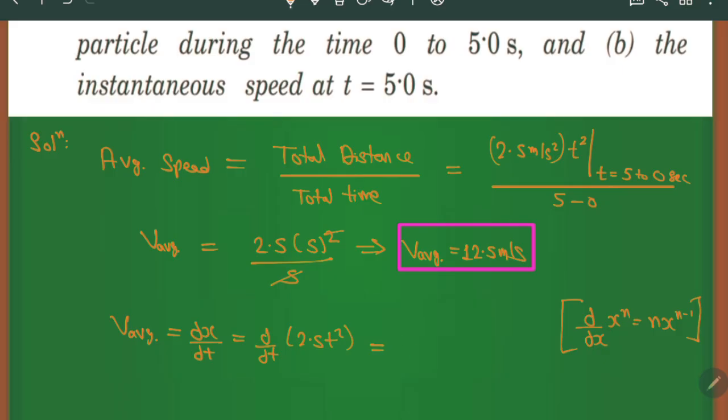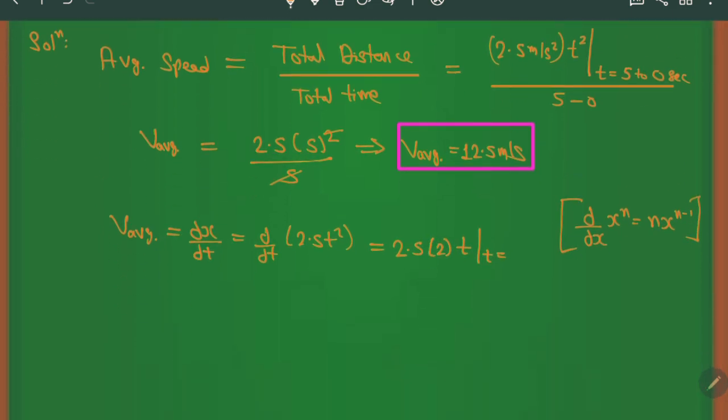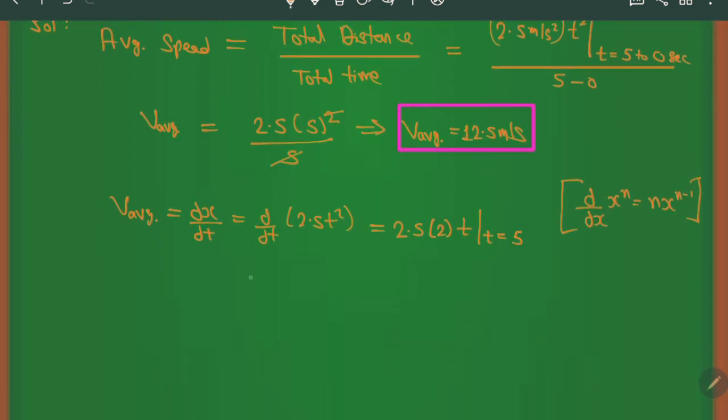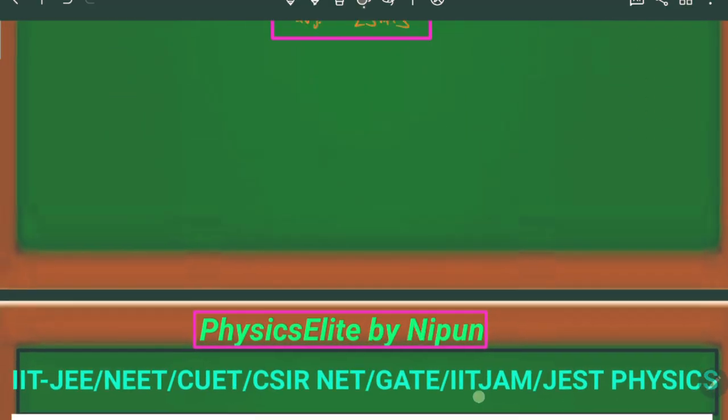So that comes out to be 2.5 into 2t at t equal to 5 second. So the instantaneous speed comes out to be 5t at t equal to 5, so 25 meter per second, right?